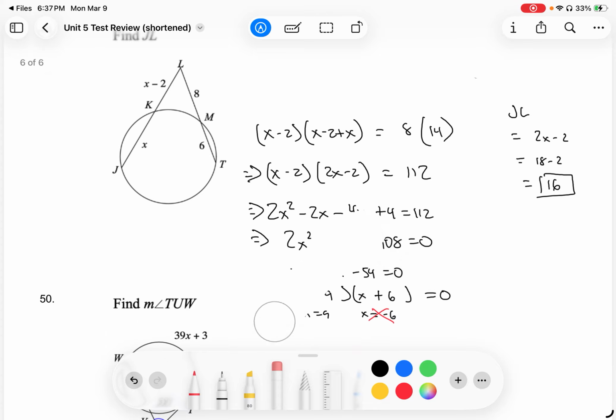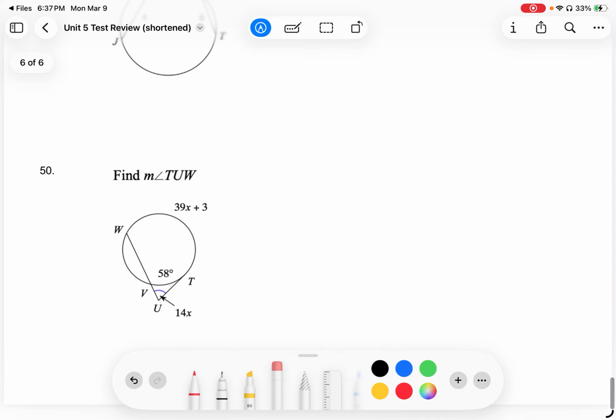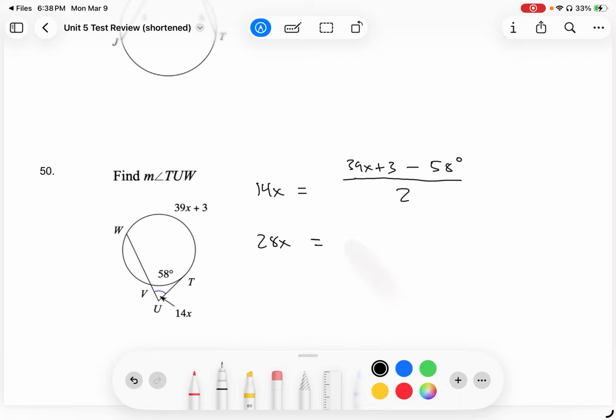Okay, last problem. Find the measure of angle TUW. That angle is equal to the larger arc that it intercepts minus the smaller arc that it intercepts, divided by 2. So 28x is equal to 39x minus 55.